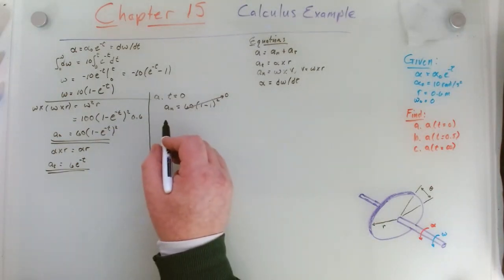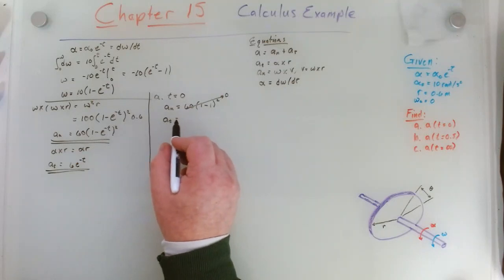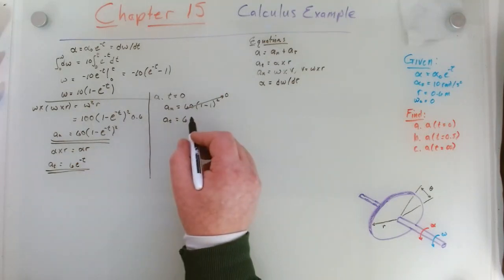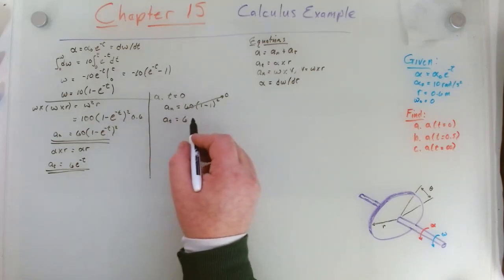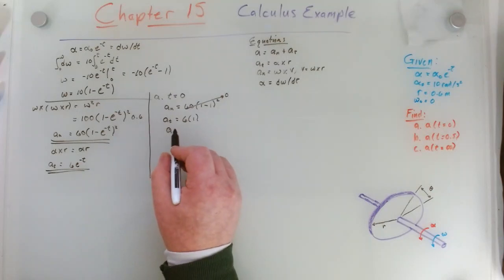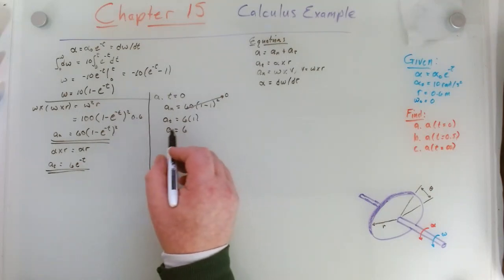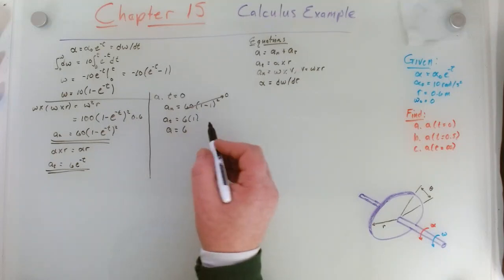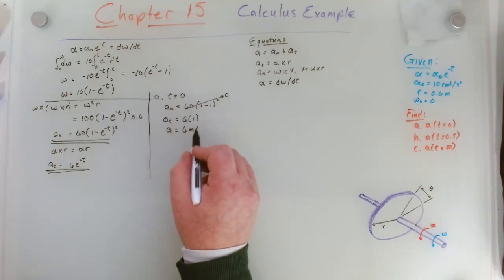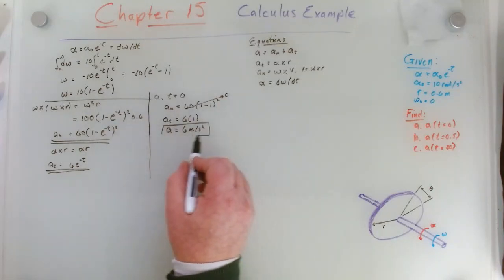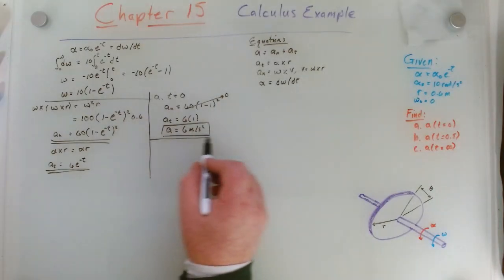Okay, and a sub t is 6 times 1, which is 6. So then A equals 6, and what is that? That is meters per second squared. Okay, all right, B.